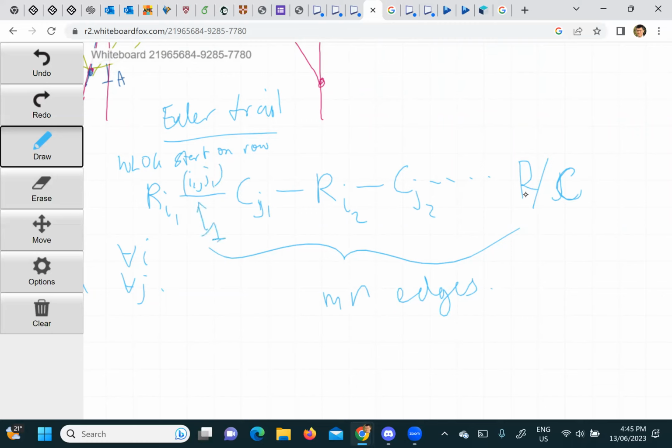Then the next is J1, I2, so the cell is I2, J1, and you put a 2 there. Notice that 1 and 2 are in the same column, so it satisfies the condition. The next one is I2, J2, which has the same row but not the same column, so it satisfies the condition.